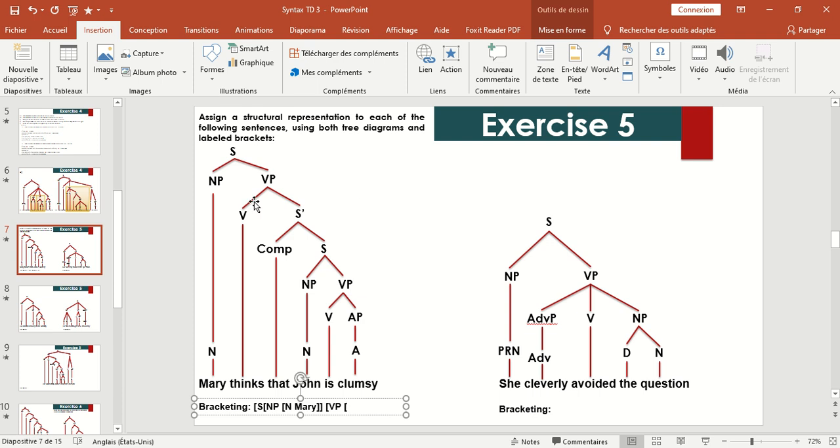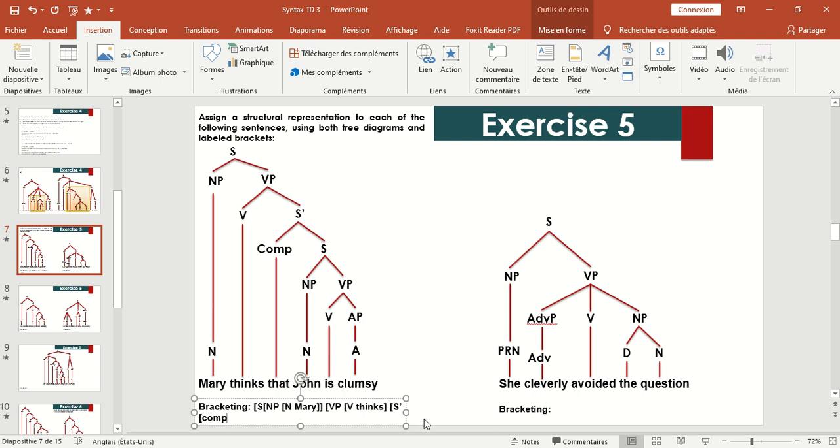What do we have inside? We have a verb and S bar. We start with the verb. It is thinks. We close the verb and then we open the S bar. What do we have inside S bar? Comp and S. You just write whatever you have here. We start with comp.